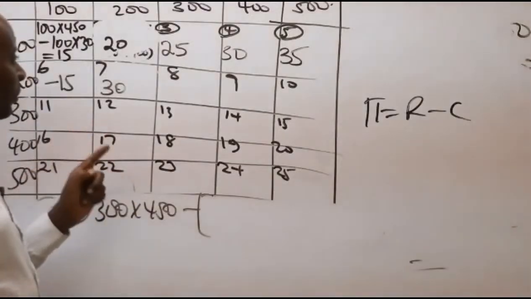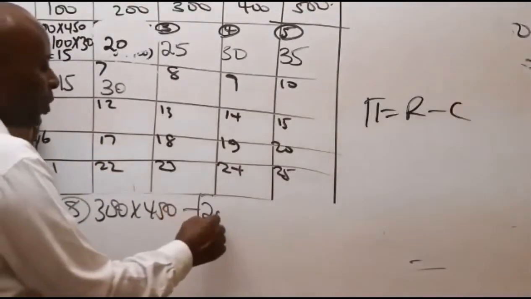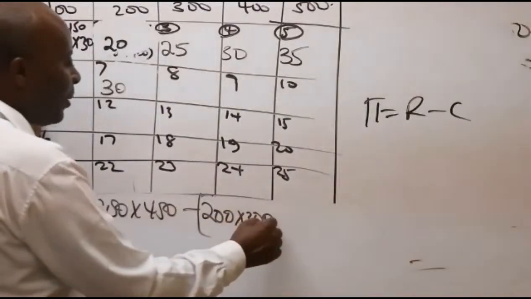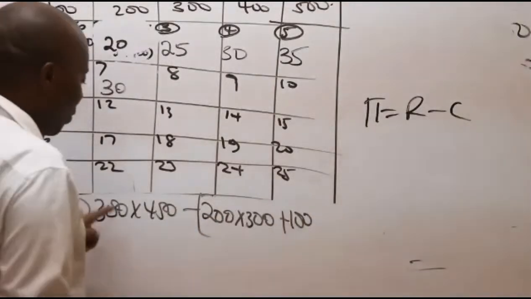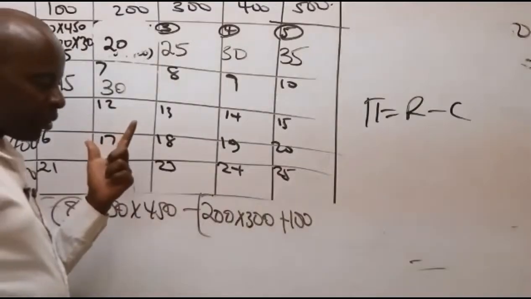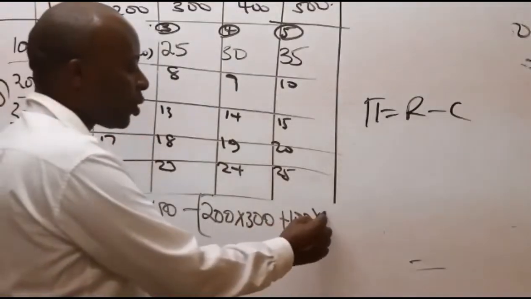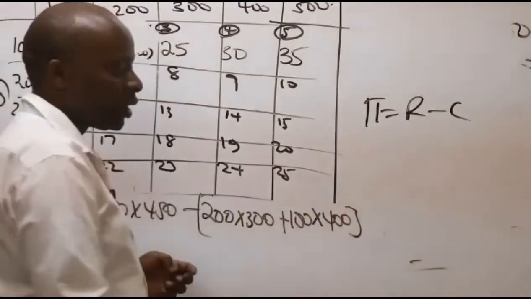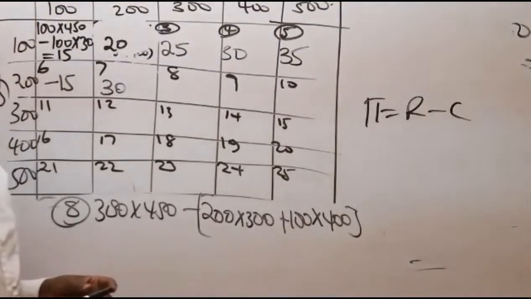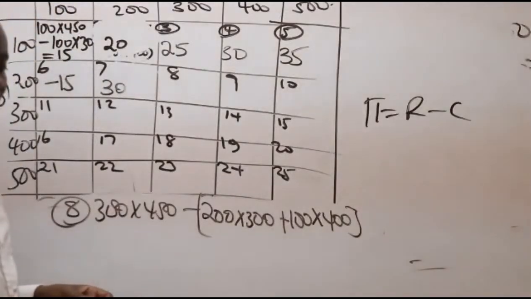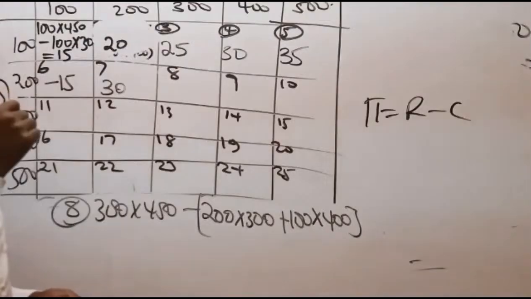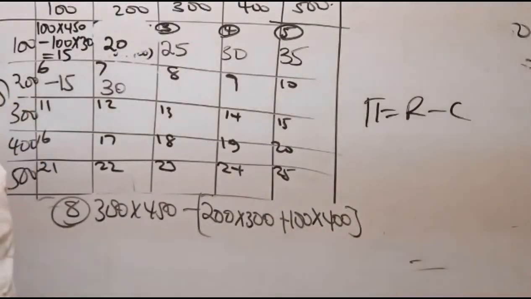There is a normal cost of producing 200 at 300 plus 100, because now we have to push up 100, and the cost of producing more is 400. Let's see whether it will come to 0, Jerry, or 25. Can somebody confirm?